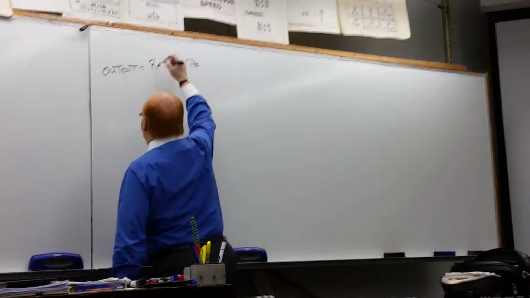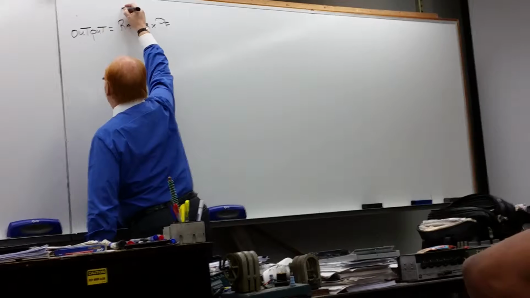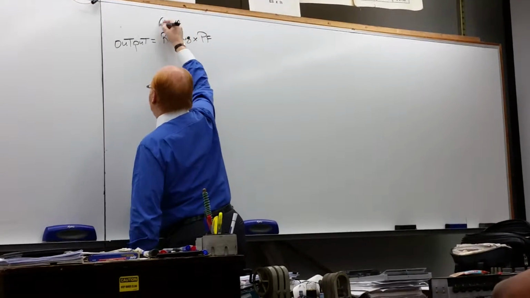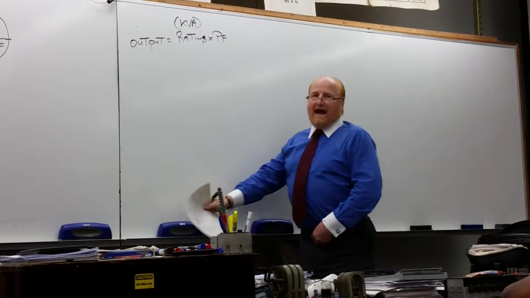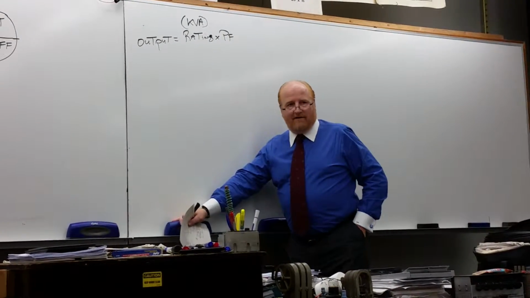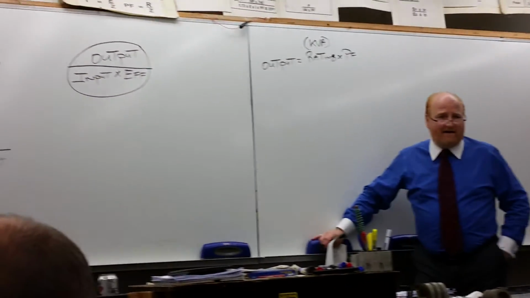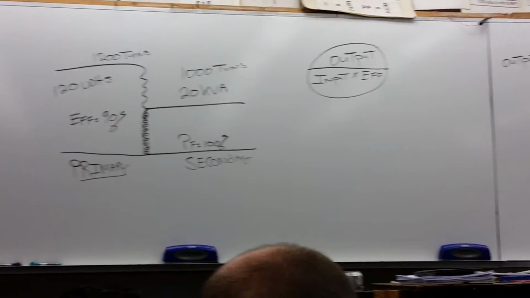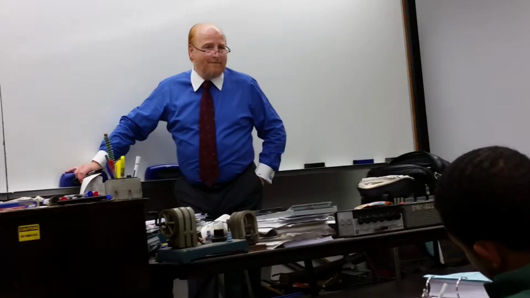The rating is always going to be expressed as what? kVA or VA. So the output is expressed in this case, kVA. Obviously, the K representing 1,000, so it's expressed in volt amps.